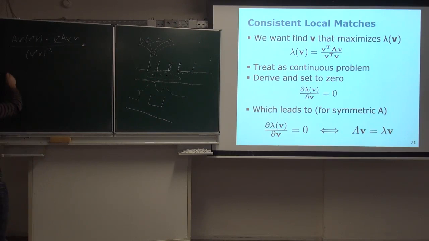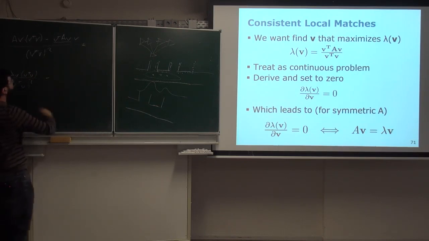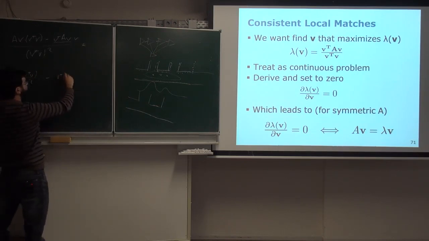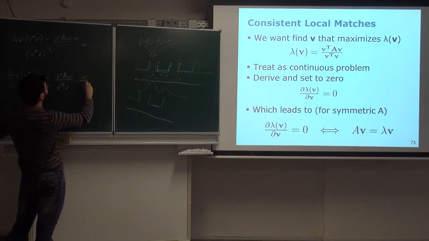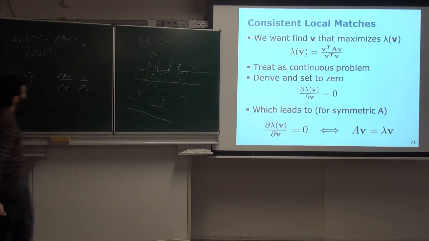We can split it in AV V transpose V divided by V transpose V squared, minus V transpose AV divided by V transpose V times V divided by V transpose V. If you look at this in this way.